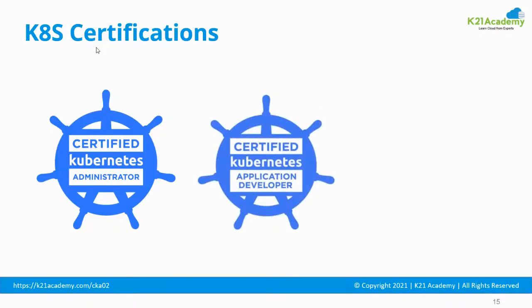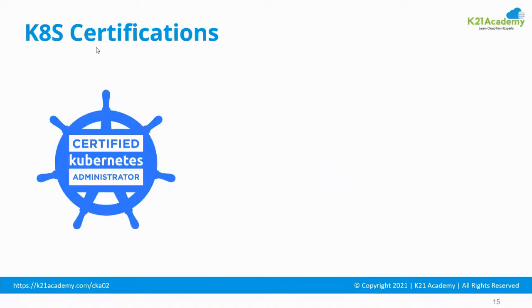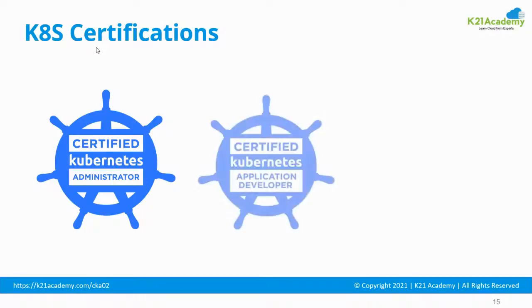If you're a developer or an architect, then you should be picking the developer track or developer with administration. If you're an architect, make sure that you do both of them. If you're an administrator, application support engineer, cloud engineer, or day-to-day operations person, then you should be picking administration, the left one. If you're a developer or an architect, then again the developer one, the middle one.